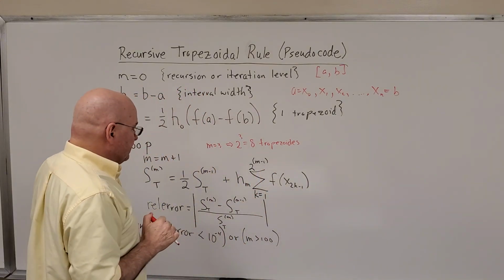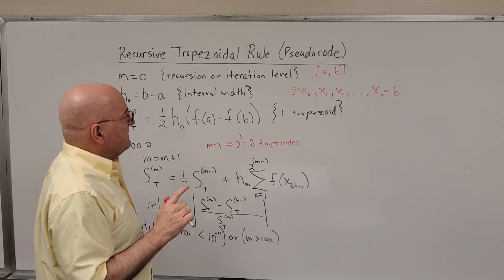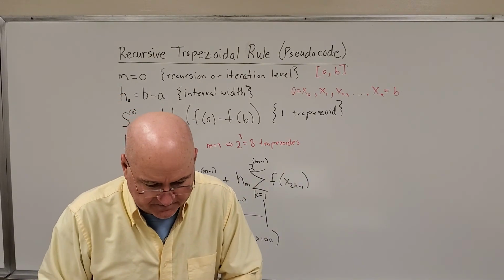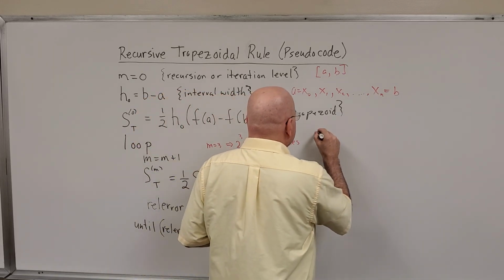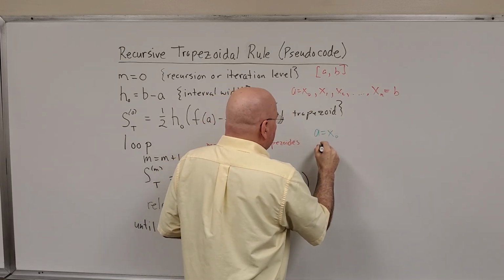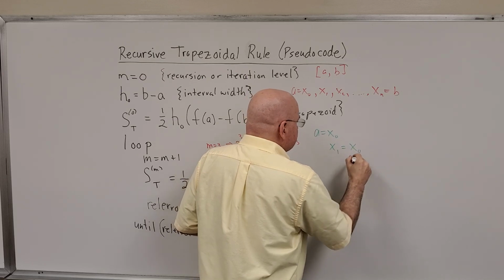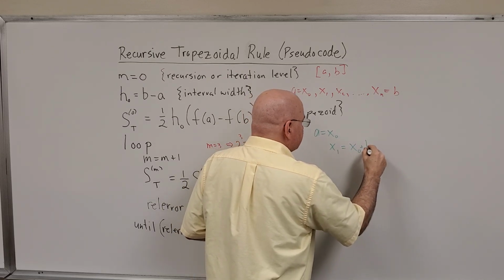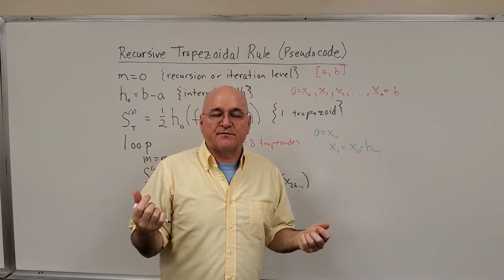The way you will do these loops, like in this, for example, is remember, I'll use a different color, that A is equal to x0, we already know that. X1 is x0 plus whatever our value of h is for the current interval.